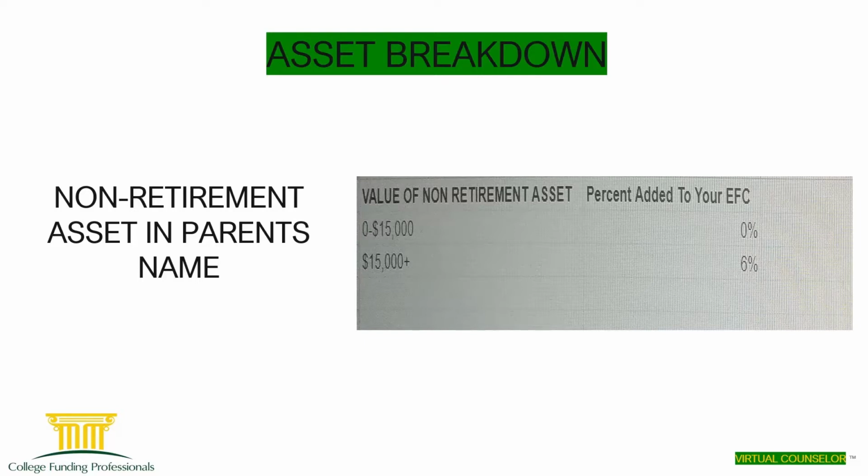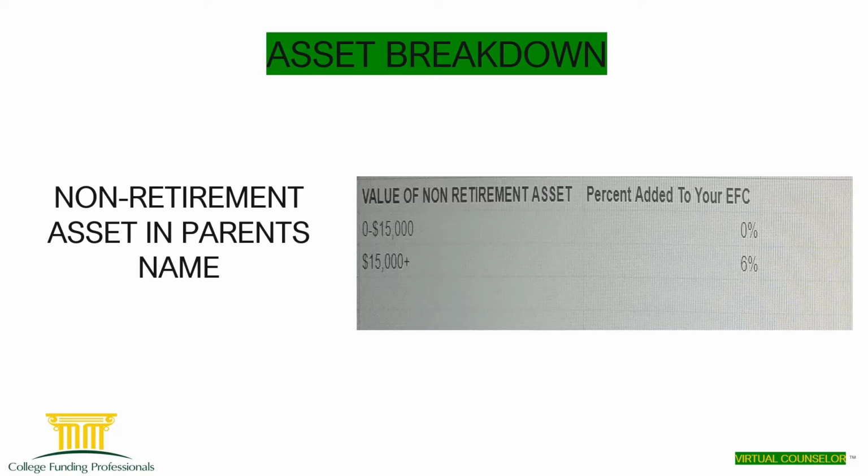Again, we're not looking at the 401k or the IRA that's worth $5 million because it doesn't count. But we're looking at that $100,000 non-retirement asset. It could be a mutual fund, let's just say, for argument's sake. We're going to take 6% of it, which is 6,000. Simple math, 100,000 times 6%. And we're going to take 6,000 and add it to the 20,000 that we came up with from the income.